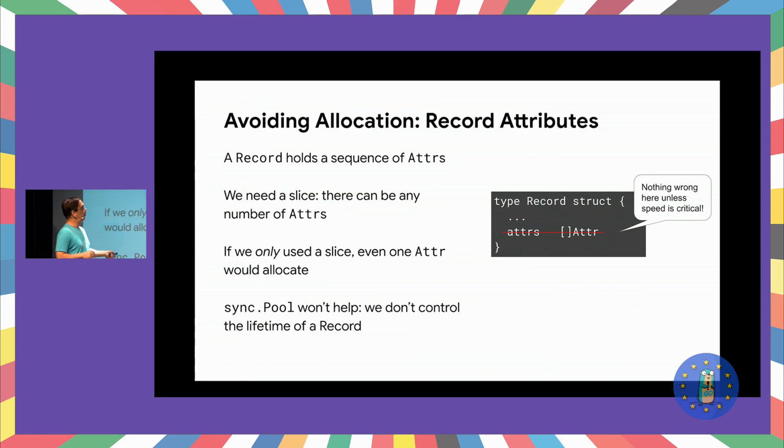We can't use a sync.Pool for records, though. We decided not to. You can, but it's a bad idea for us. Why? Because users have control of records. Handler writers can get their hands on a record, and we'd have to ask them to free it, or try to free it magically at some point. But either way, they could get themselves in trouble by freeing it twice or holding on to one after they free it.